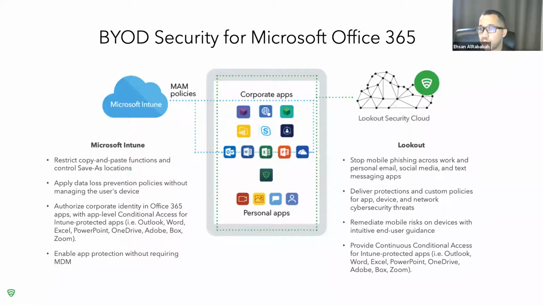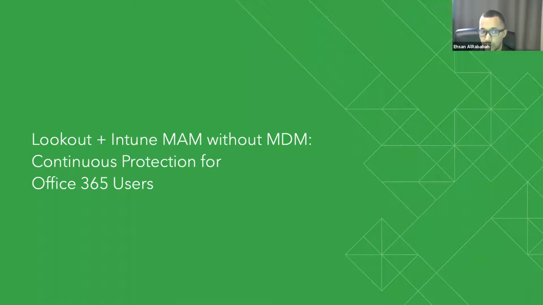This is where Lookout and Intune work together to provide a full, comprehensive experience that enables the user to be productive on mobile devices using the Office 365 apps without compromising the security posture and security policy of the organization.